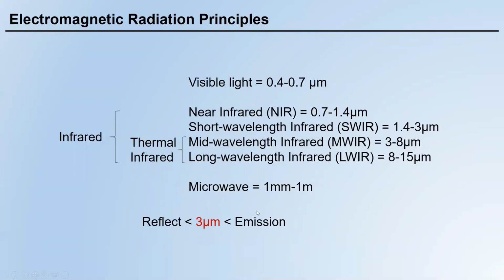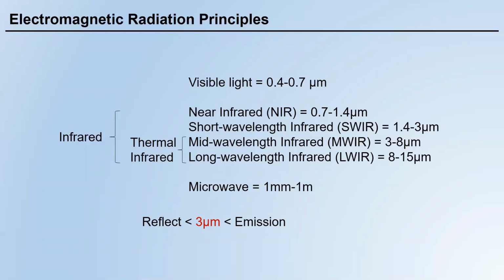It means that infrared that has a wavelength shorter than 3 micrometers, we consider as the result of reflection, which means that their energy source is the sun. But if you are receiving infrared energy that has a wavelength longer than 3 micrometers, it's very likely that this energy is not from the sun, is not from a reflection.